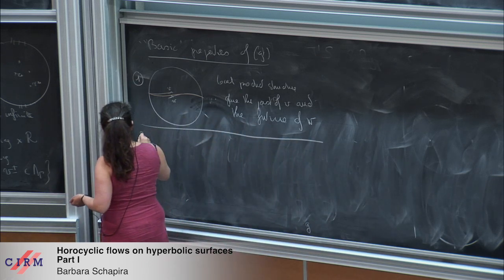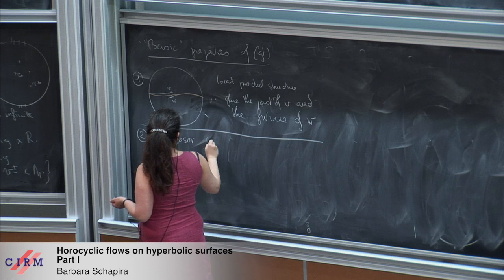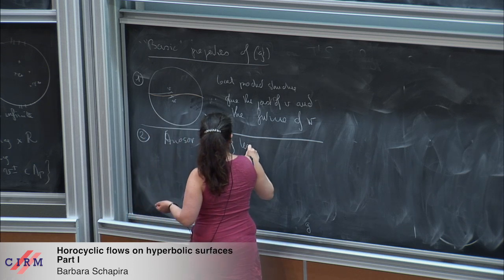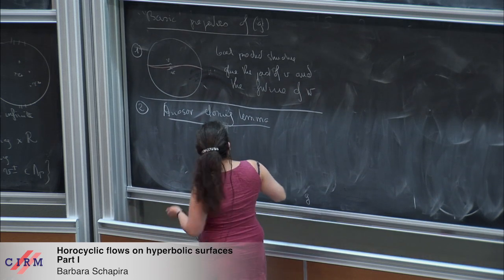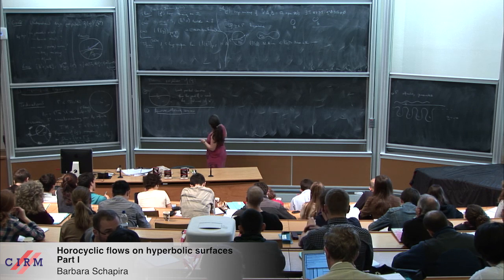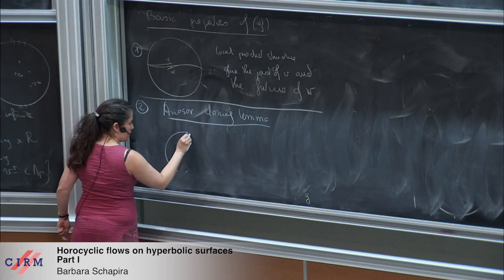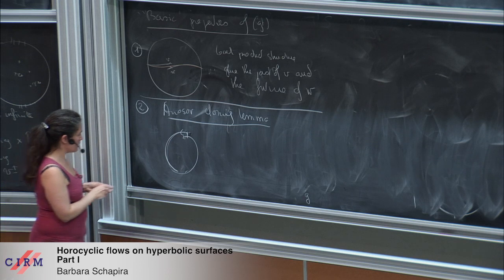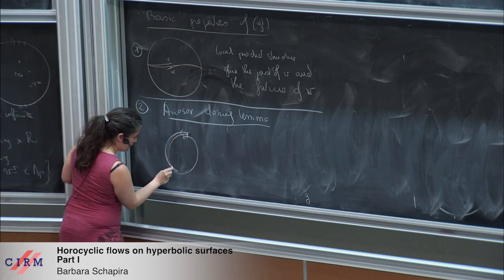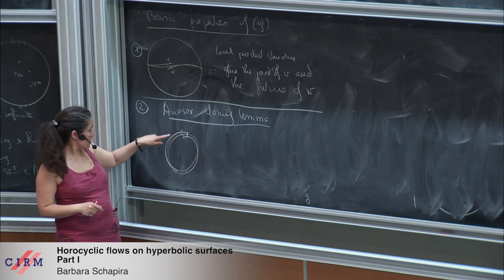The second very important property is the Anosov closing lemma. What does the Anosov closing lemma say? It's not a lemma, it's a theorem. It says that if you have a geodesic which is almost closed, then there exists a periodic geodesic which is closed and which has almost the same length.